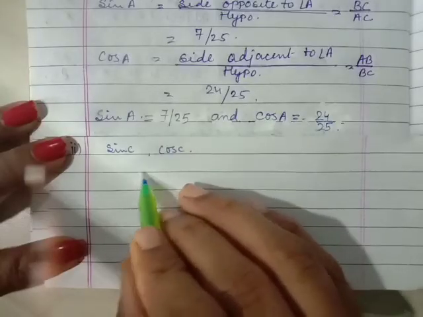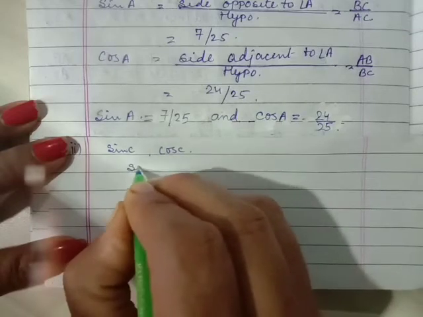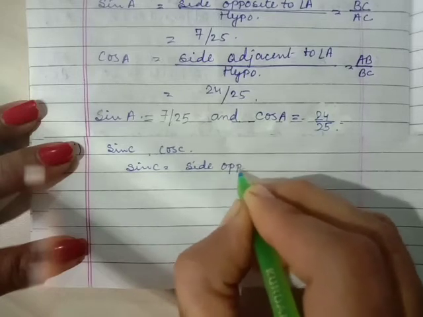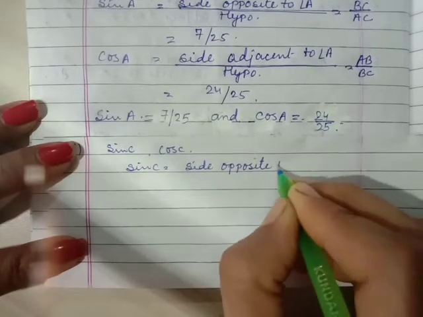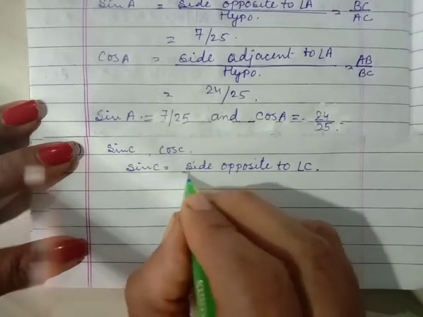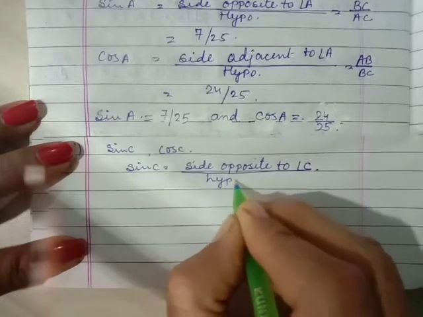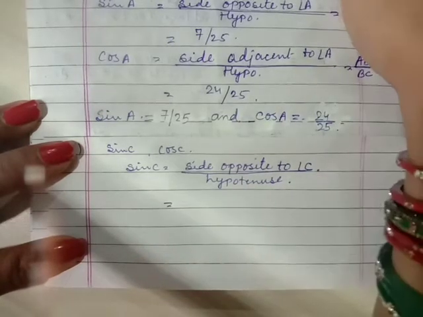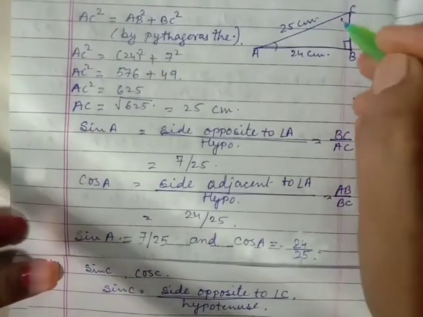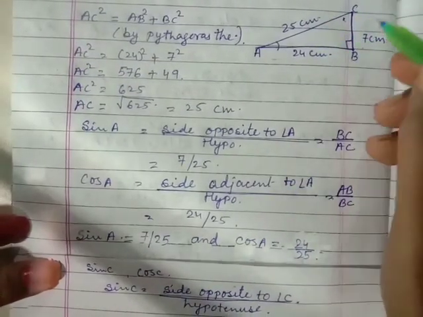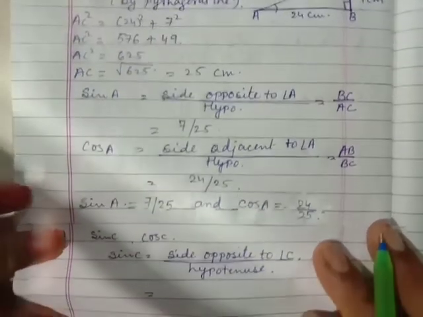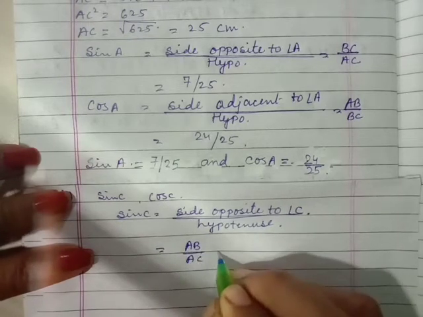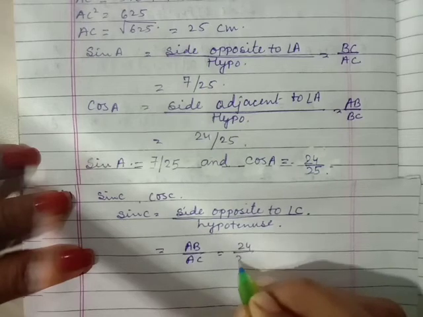So see what is sin C and cos C. Sin C is equal to the side opposite to angle C upon hypotenuse. The side opposite to angle C is AB and hypotenuse is AC. So the length of AB is 24 upon 25.